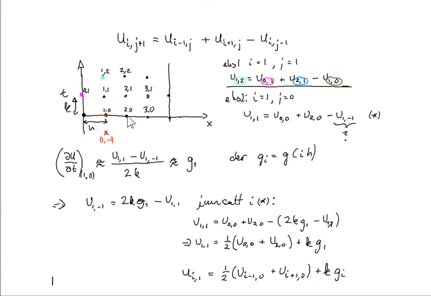The sum of the values in these points, we just divide by 2 and add k multiplied with g_i.